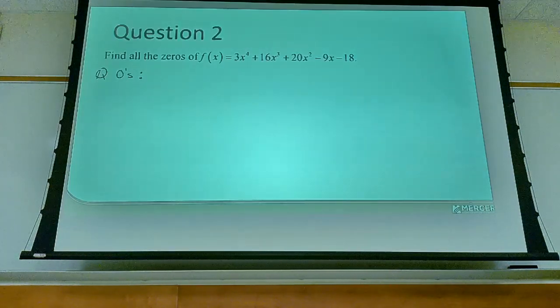Factors of 3: 1, 3. We're going to start off by listing out all the factors of 18.